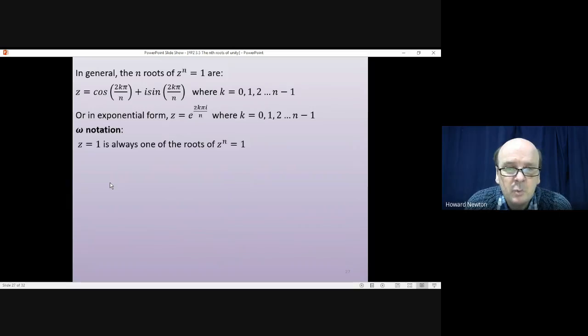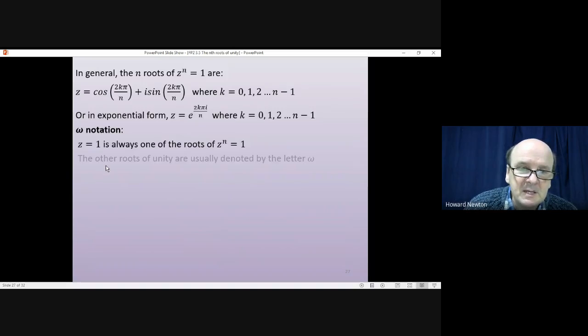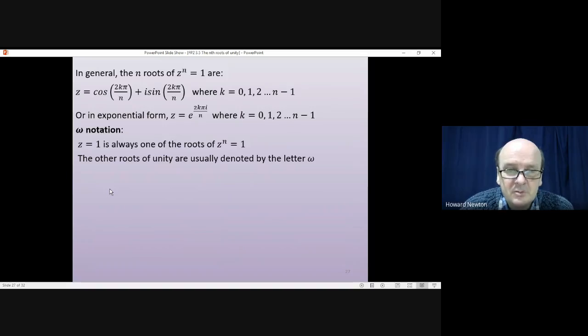Now, z equals 1, as we've said, is always one of the roots of z to the n equals 1. It's always the first root that you find. Now, the second root and the third root are usually denoted by the letter omega. And the second root is found when k equals 1.